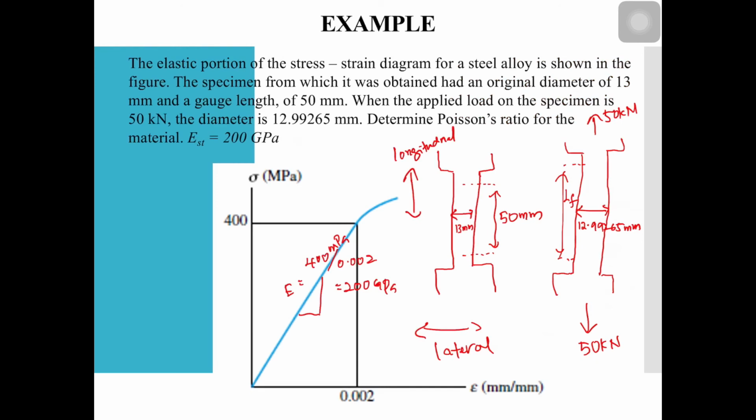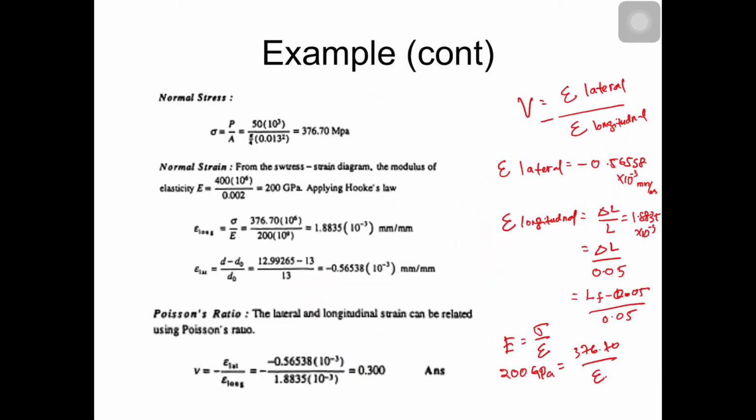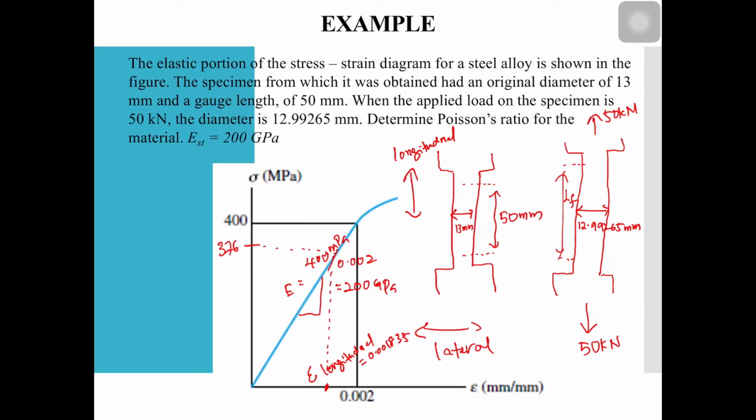Sigma 367 is around here, and then you can find the value of epsilon here by estimation. This is epsilon longitudinal. This value should be 0.0018, 18835, also the same.